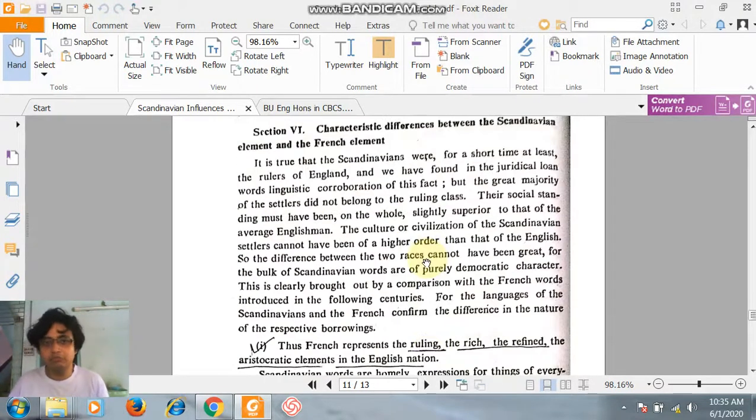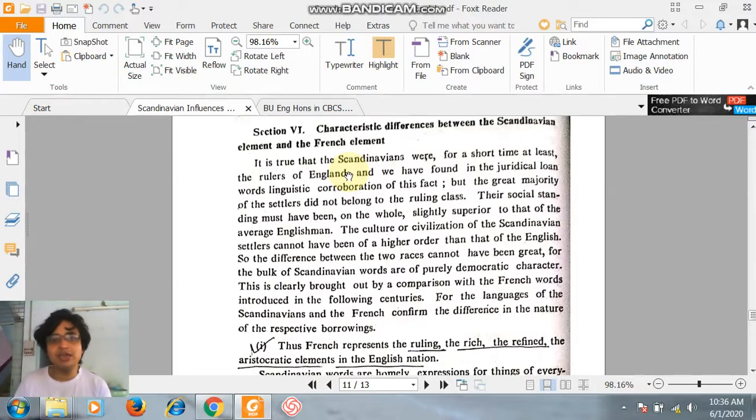Now we will later read the French element into the English language, or French influence into the English language. But before that, let us differentiate between the Scandinavian and the French element. I have already said that the French influence upon the English language began around 1066 at the time of the Norman conquest.